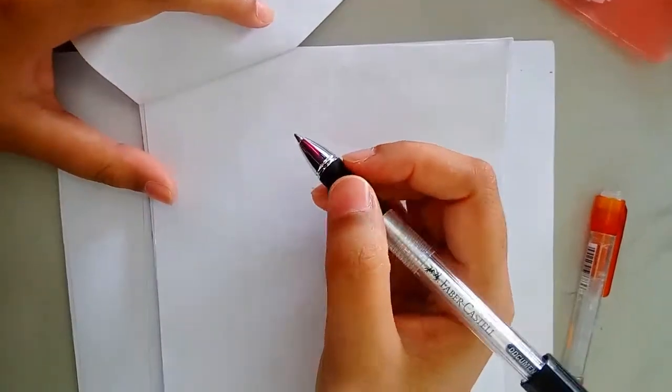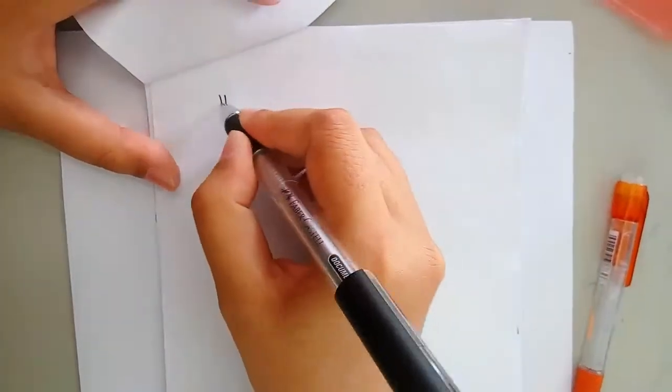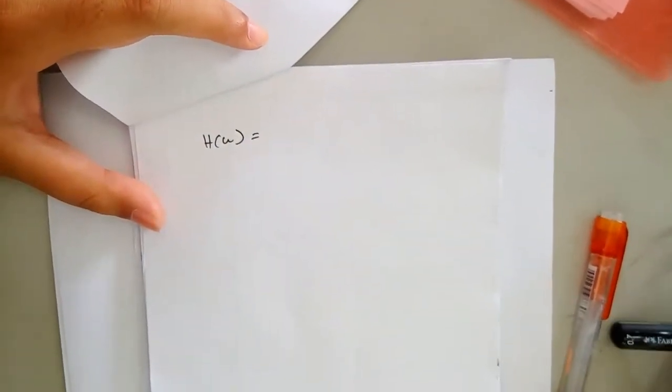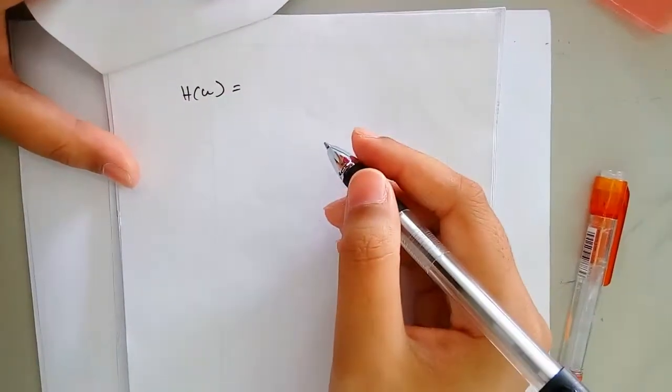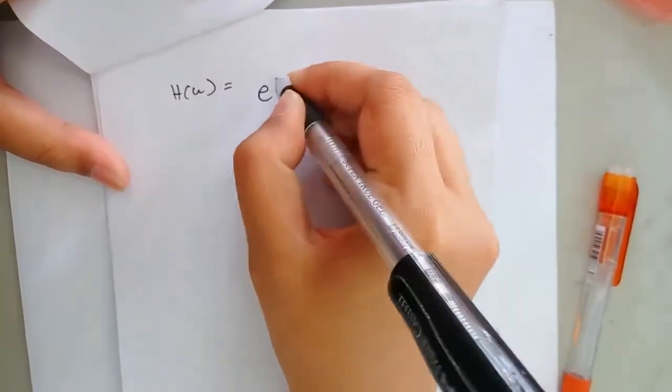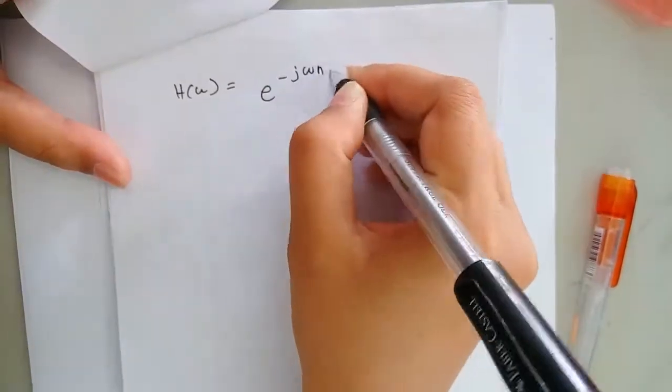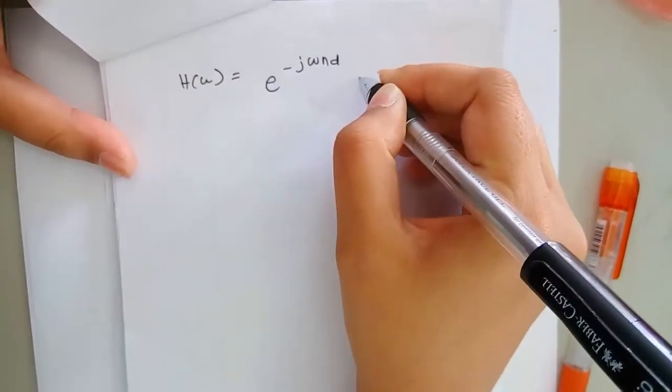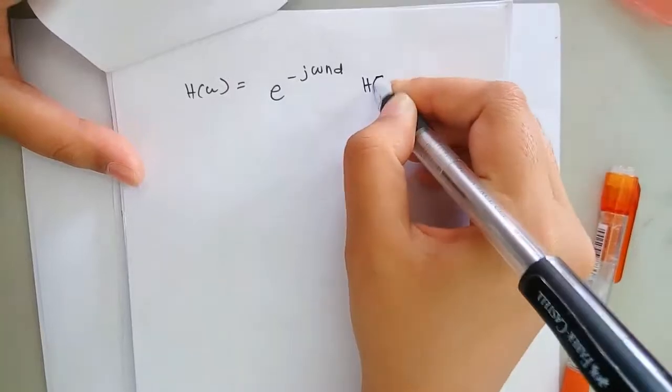Getting from the time shifting property, H omega equals exponential negative j omega n_d times H naught omega.